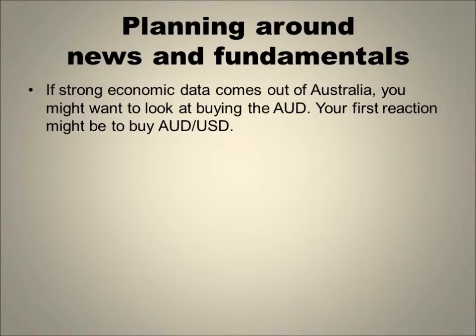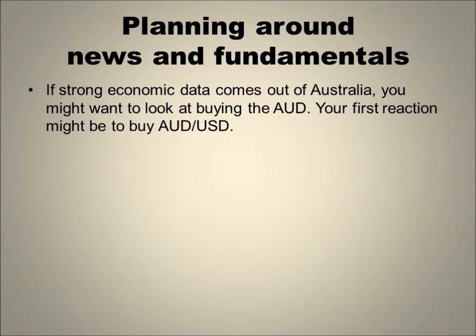Okay, now let's talk about planning around news and fundamentals. If strong economic data comes out of Australia, you want to take a look at buying the Australian dollar. The first reaction might be to buy the Australian US dollar pair.